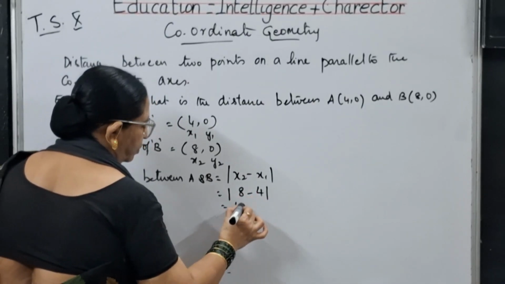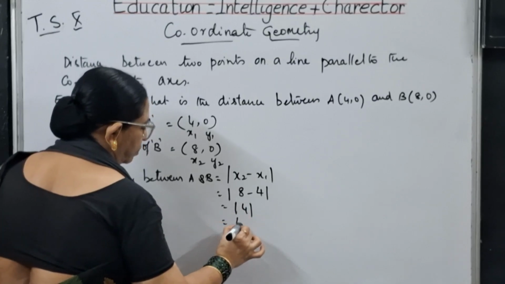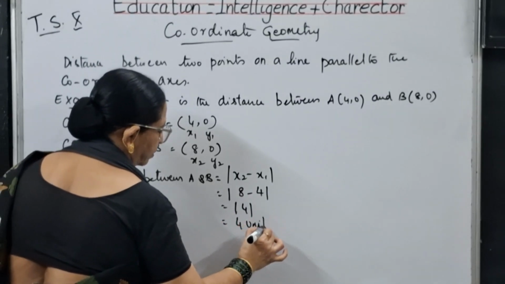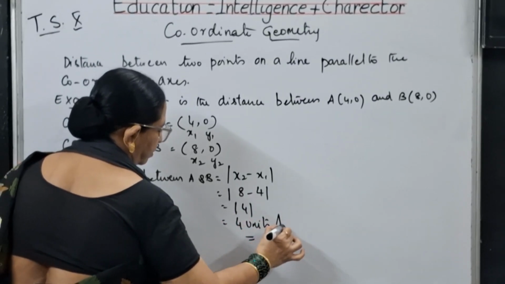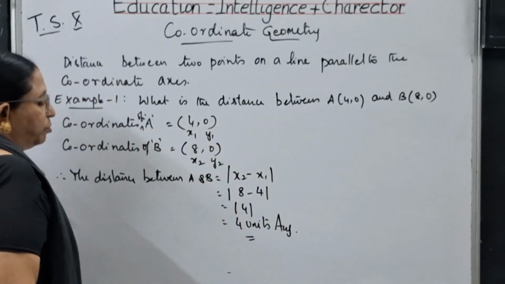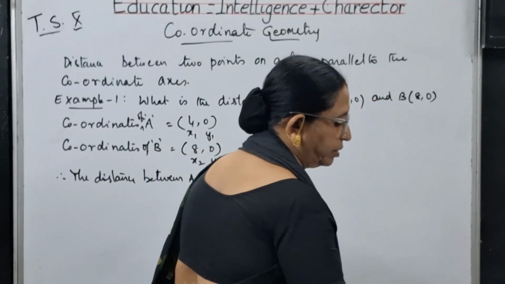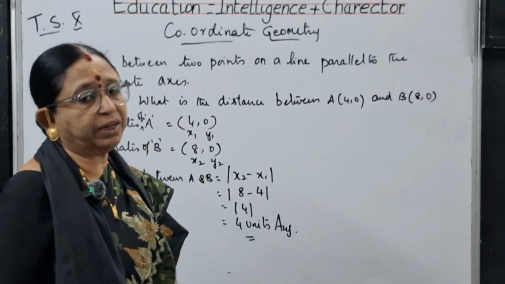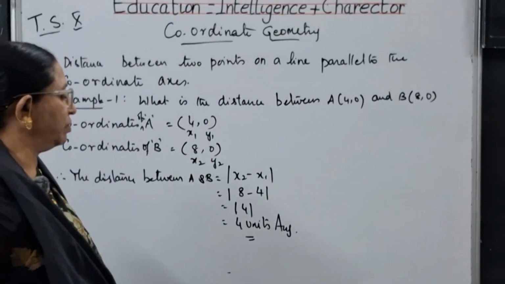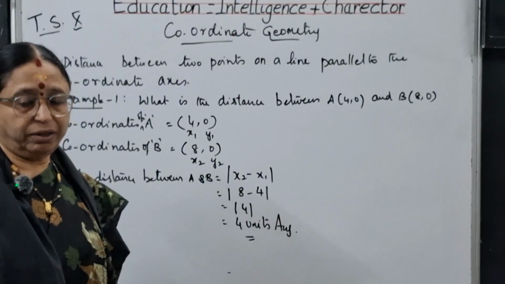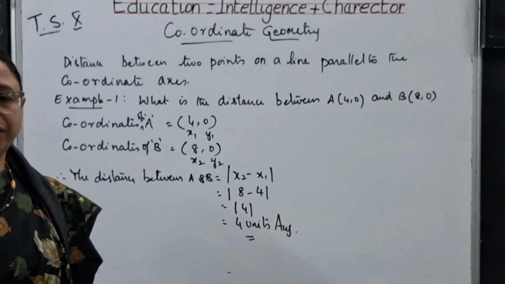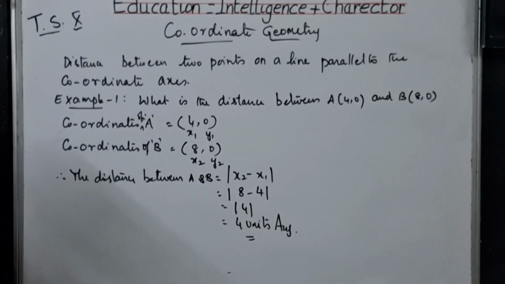That is modulus 4, that means 4 units. This is the answer, children. We are writing units because we don't know whether it is in centimeters or meters. If they give measurements, we will take those measurements. So we'll just write unit. Please note it down. Example 1.